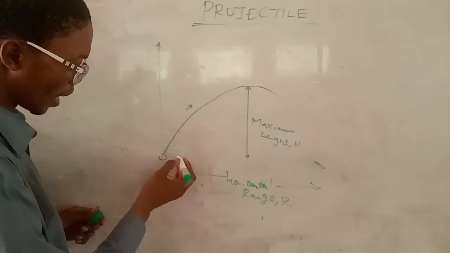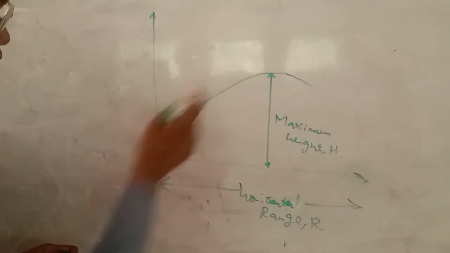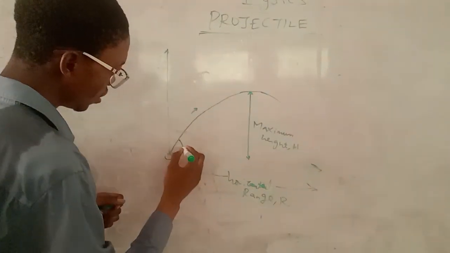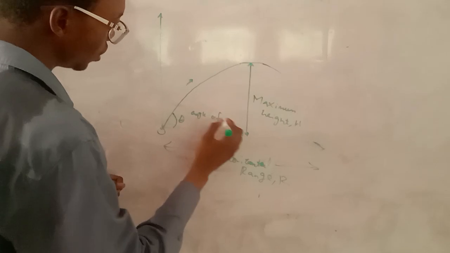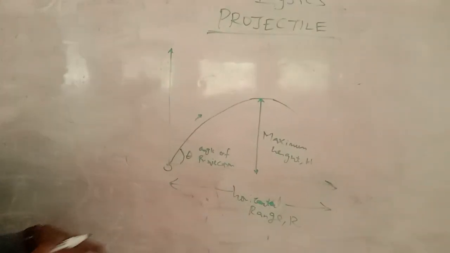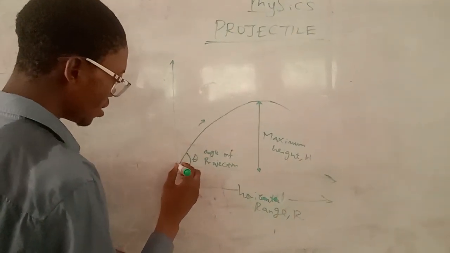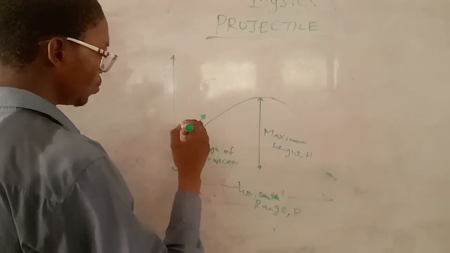Between your horizontal range and when you project your object is what we call the angle of projection. Now, this object will be moving at a particular velocity, an initial velocity.